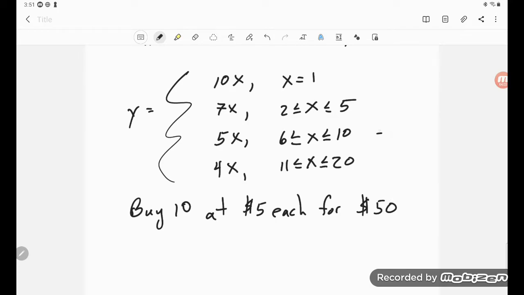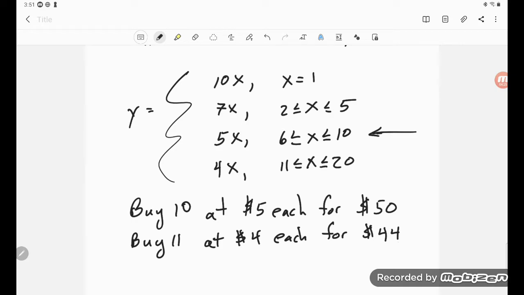If I wanted 10, I would have gone here and it would have said $50. Well, that would have led me astray, because it turns out if I buy 11 at $4, that would be for $44.